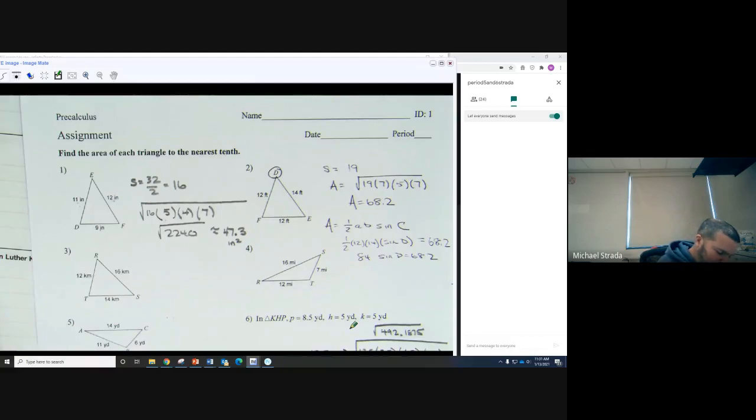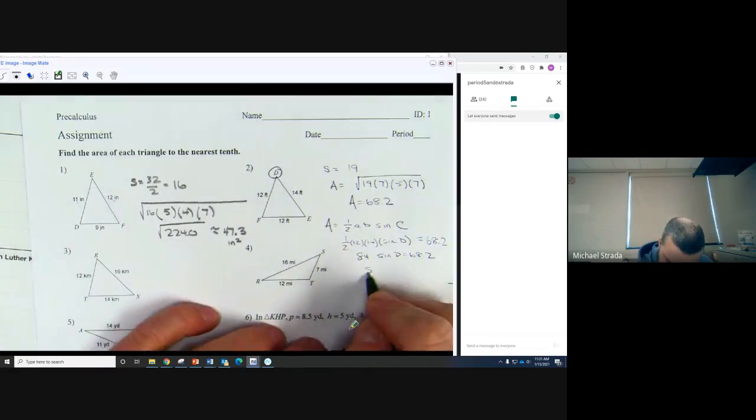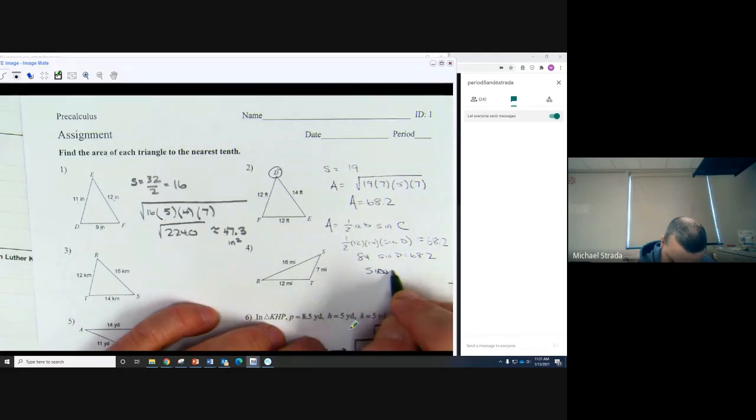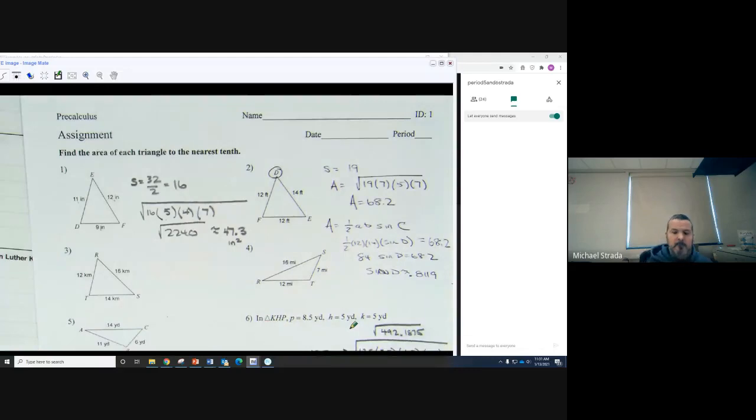Divide by 84, and you get sine D is approximately 0.8119. You can then do second sine, 0.8119, and you get 54 degrees.